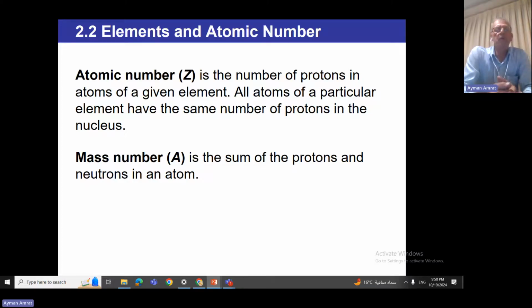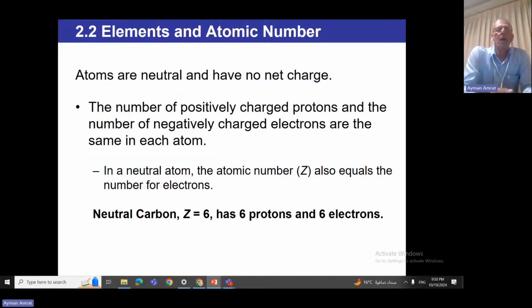Now, any atom of any element is specified by a symbol and two quantities: atomic number Z and mass number A. Usually, atoms are neutral, uncharged, meaning they have no net charge.